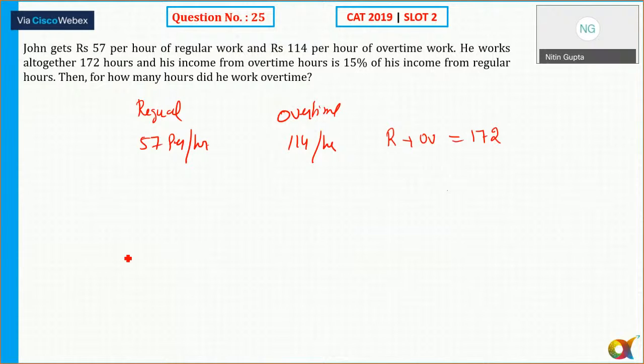So income from overtime hours, that is equal to 114 into overtime hours. And this is equal to 15 by 100 times the income from the regular hours, which is 57 times the regular hours.